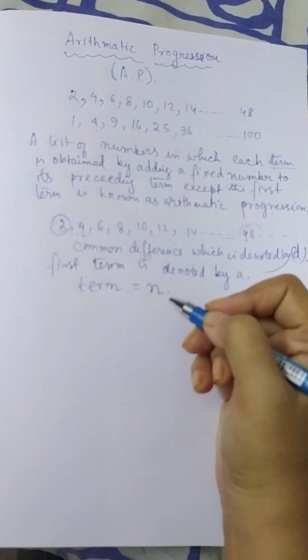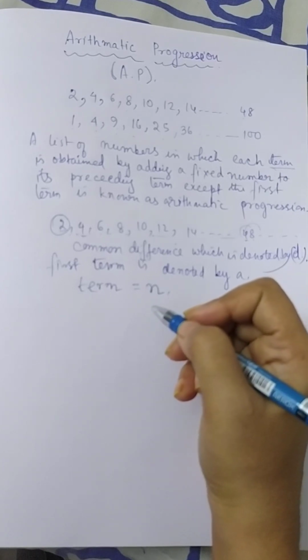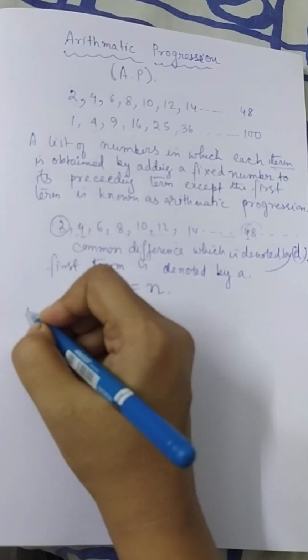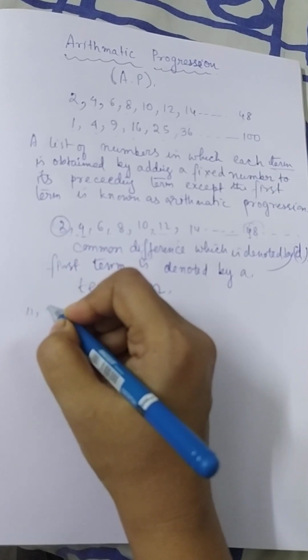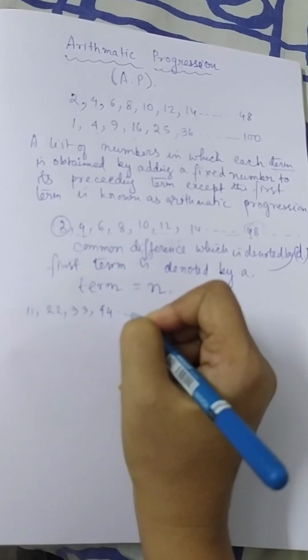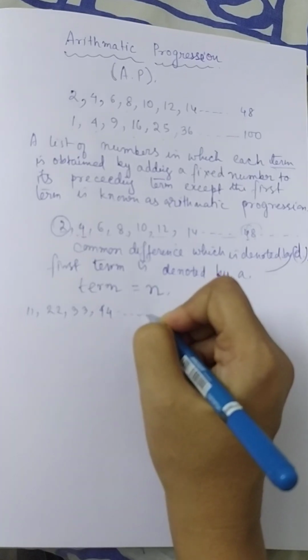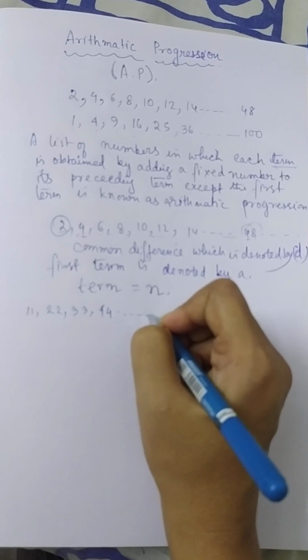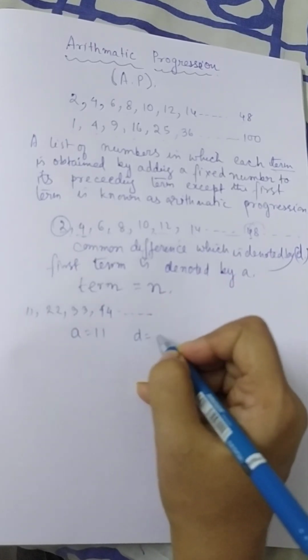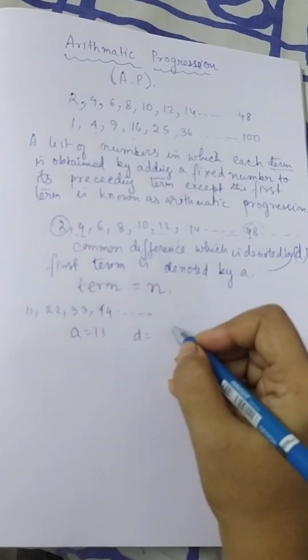So let's do some very preliminary or easier numericals. Suppose a series has been given, 11, 22, 33, 44, where I have to find out the first term and the common difference. Obviously the first term is 11 and the common difference is A2 minus A1.